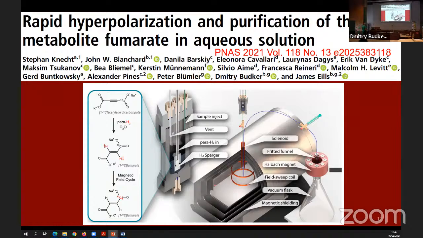And the way it's done, you take some molecule, never mind the complicated name here, and this molecule now has a triple bond. And what you do is you do a reaction of hydrogenation. So you attach your singlet hydrogen molecule across this bond.